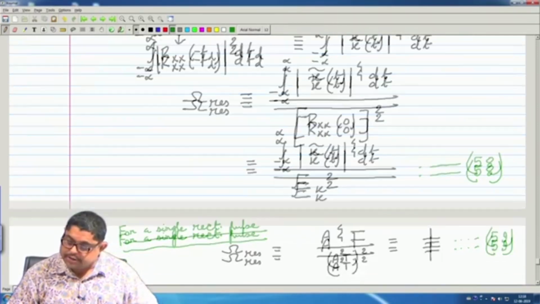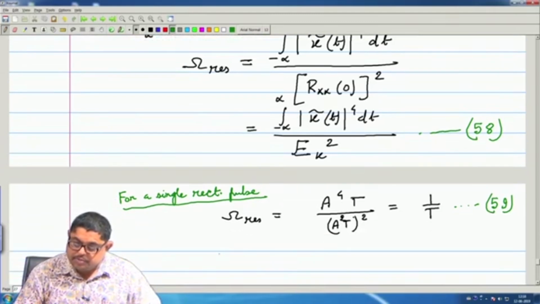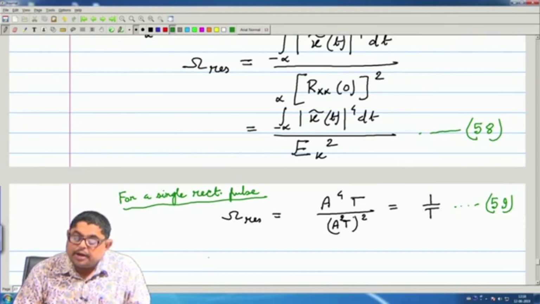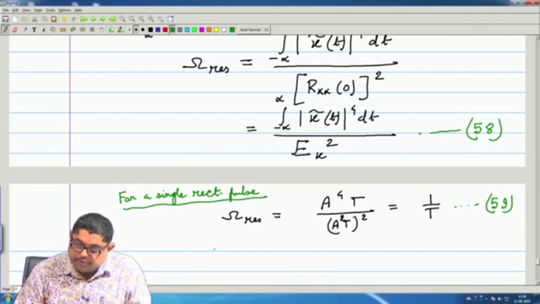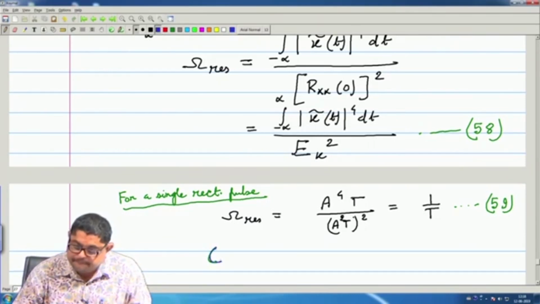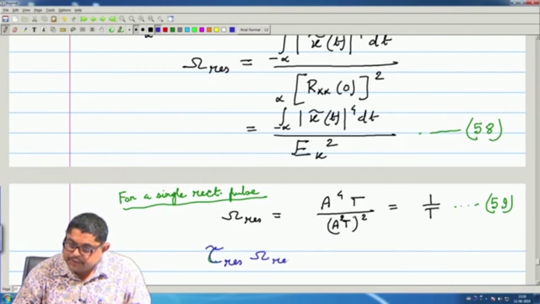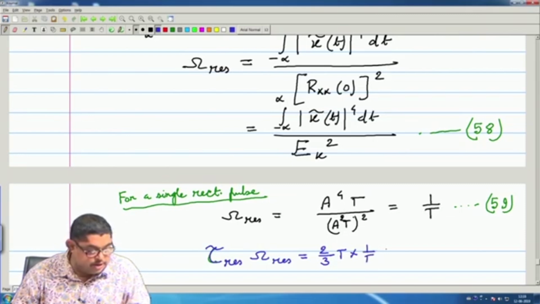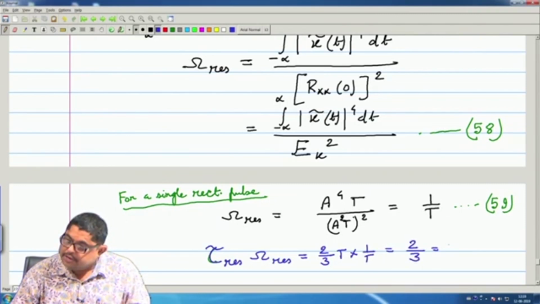It is instructive to make this product. It comes out to be 2/3 T into 1 by T. So it is 2/3, that means 0.667.